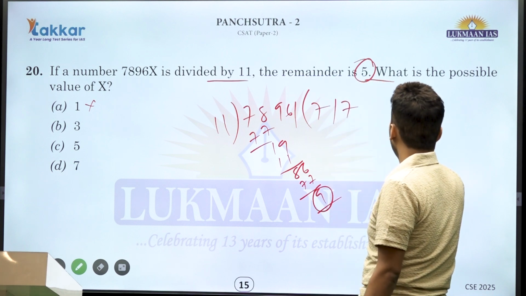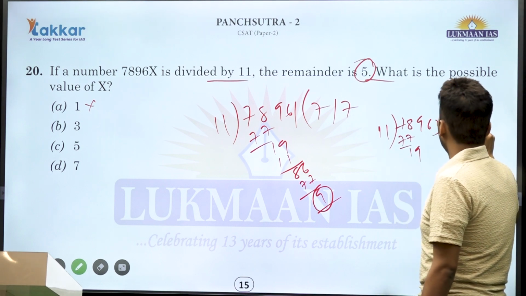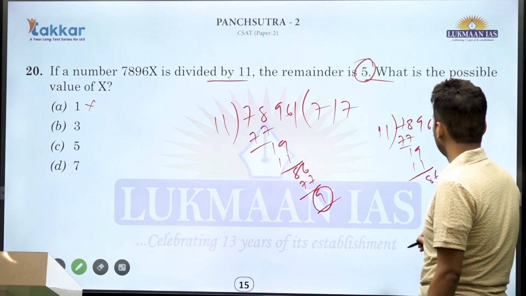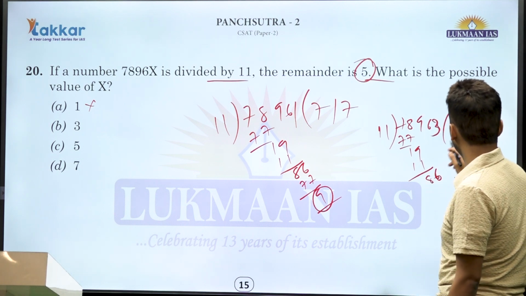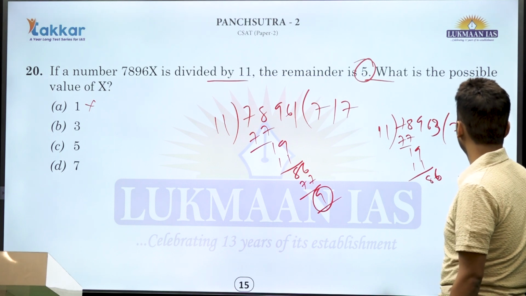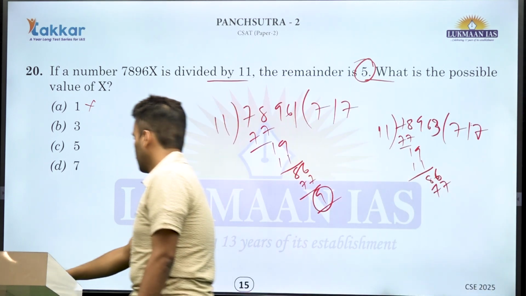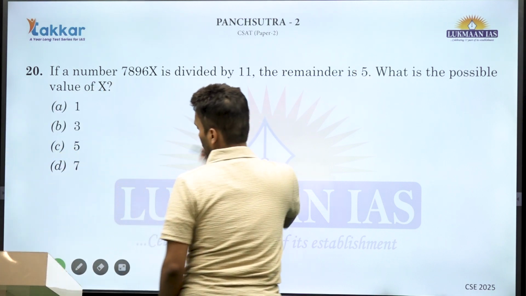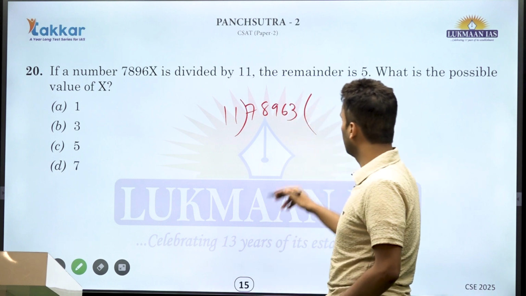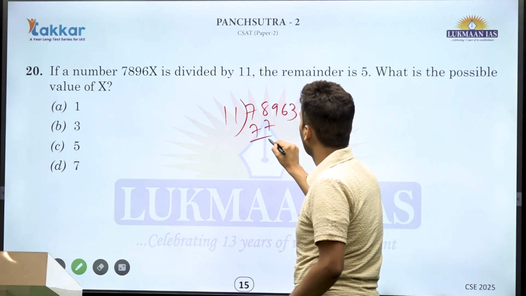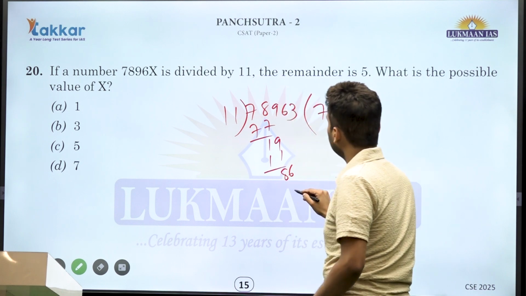Now let's check 7,8,9,6,3. Let's divide it by 11 to check whether this gives us remainder 5. 7 times 11 is 77, 1 9, 1 time 11, 8 6, 7 times, how much does it give? 77.